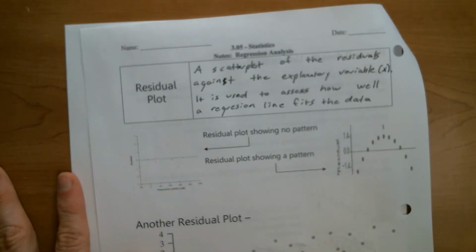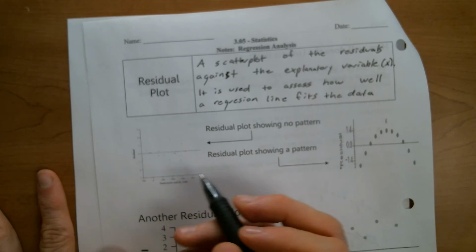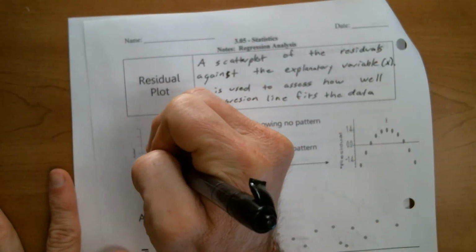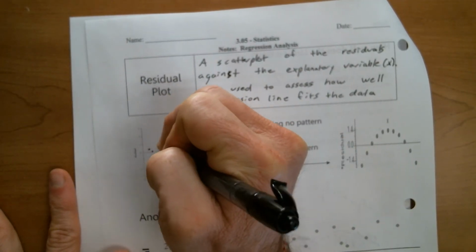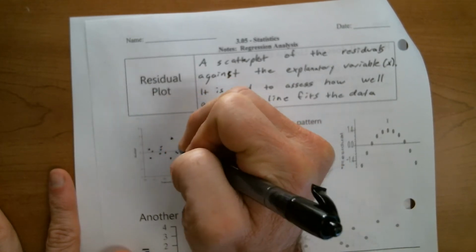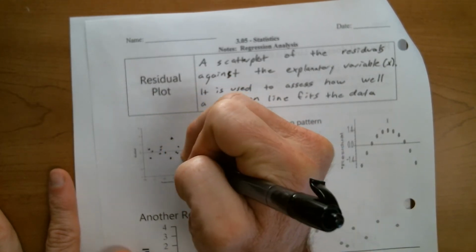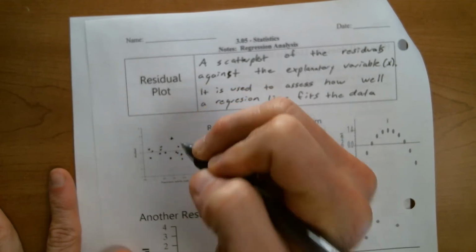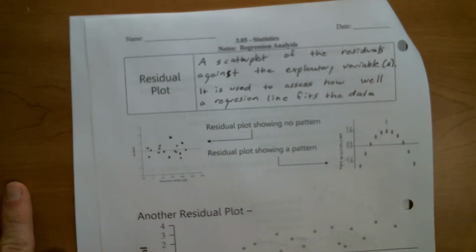Okay. So it's kind of hard to see on the photocopy here, but basically on this one, we have a bunch of points that are scattered all around. Some have positive residuals, some have low residuals, some are close to the line, some are further away from the line, but there's no real pattern to what's happening there.